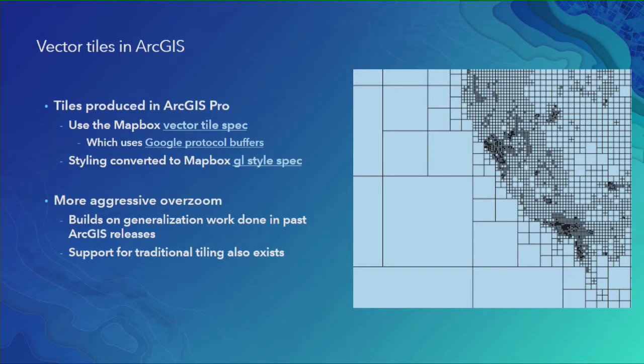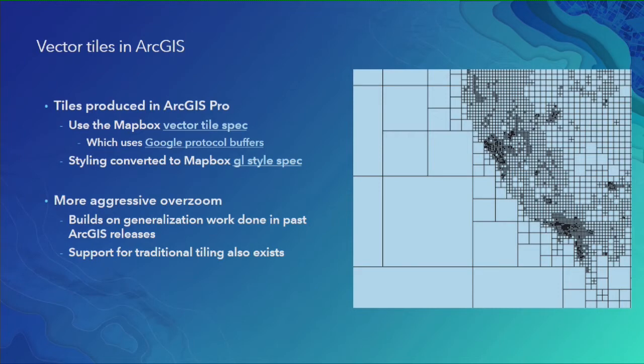So vector tiles in ArcGIS are produced using ArcGIS Pro, and they're produced according to the Mapbox vector tile spec. The Mapbox vector tile spec is a protocol buffer definition, and Google protocol buffers is a binary serialization format that can be read in a variety of languages, cross-platform, etc. You essentially define a small schema, you run it through some code generation, and it'll produce code in the language of your choice.